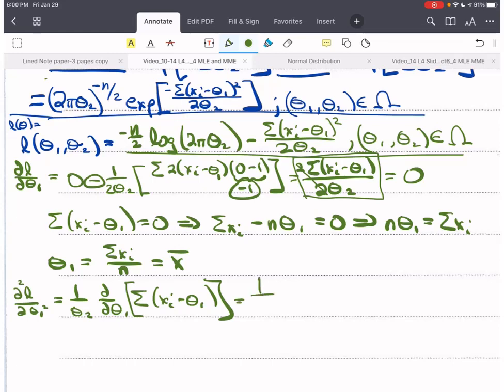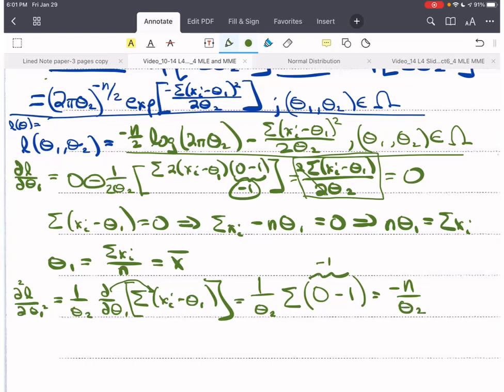And so this is 1 over theta 2, and then I have the derivative of, remember, I can take it inside the summation, the sum of 0 minus 1. Okay? And so this is equal to negative n over theta 2. This is negative 1, I've got n of them, so negative n over theta 2.